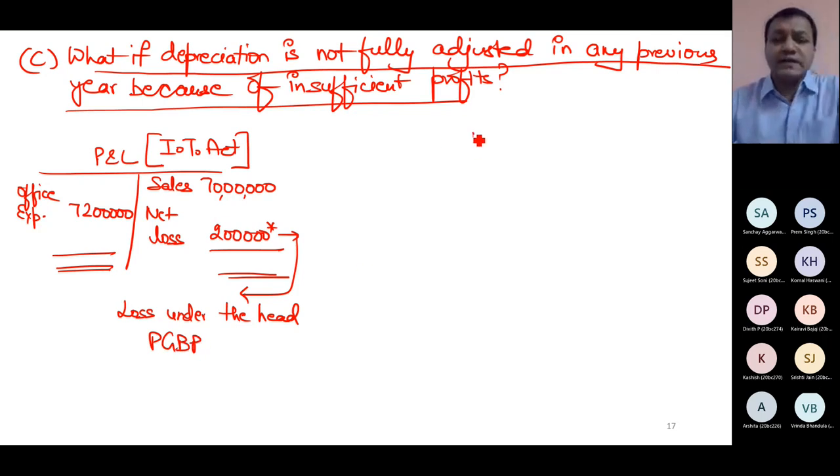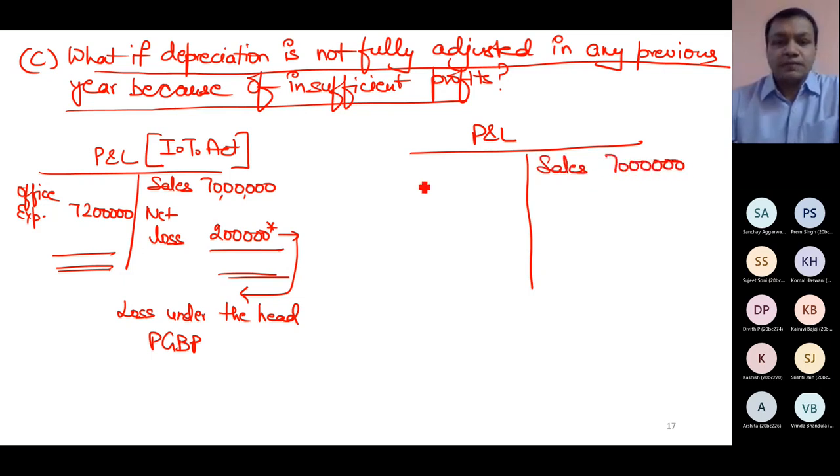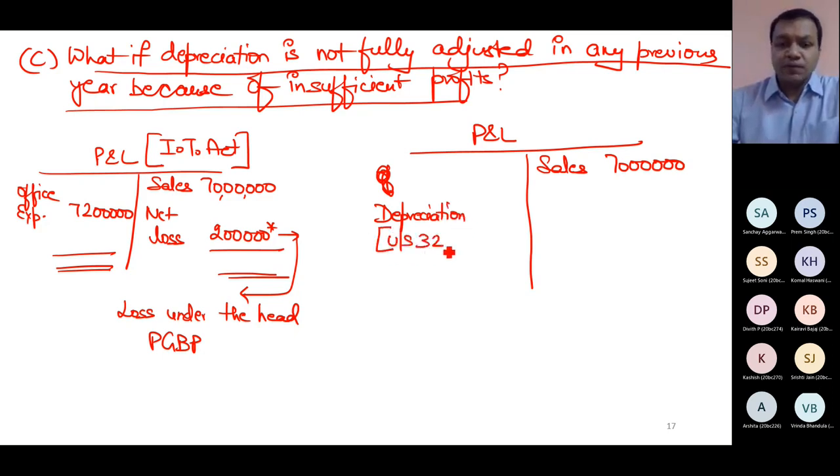But suppose I say that 70 lakh is my sales. Not office expense, depreciation is 72 lakh, which I have computed as per section 32. Can you tell me what net result I will write?